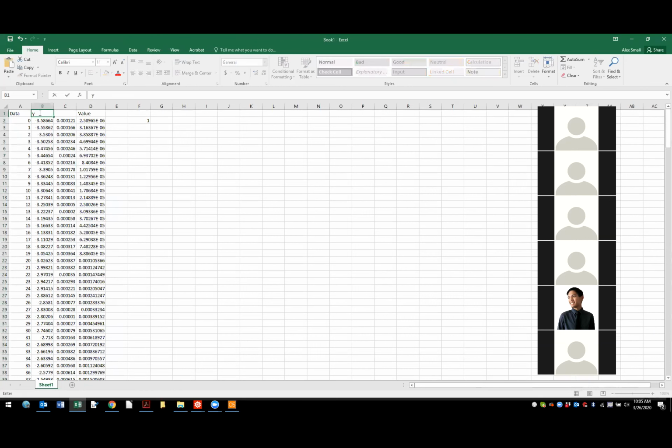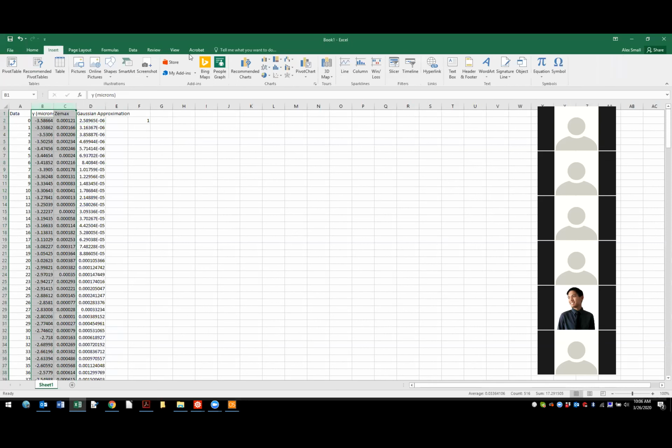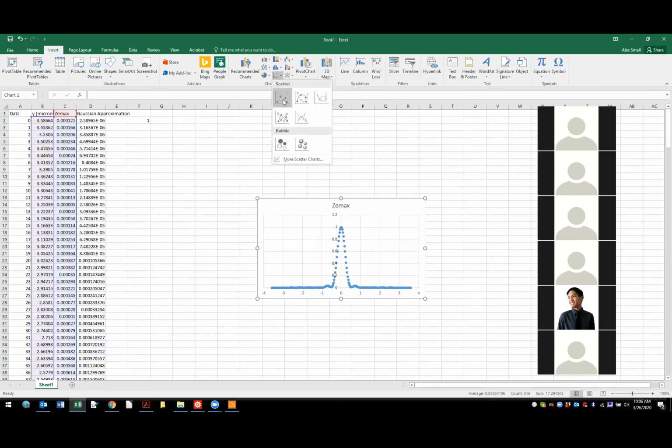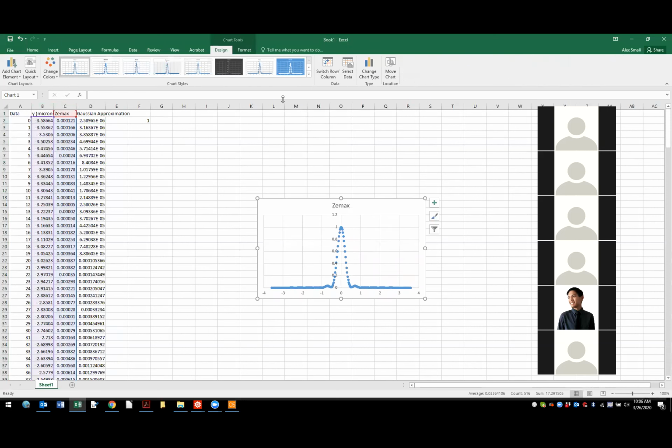Some labeling: Y, microns, Zemax, Gaussian approximation. All right, now in order to compare these things, we're going to first plot what Zemax gave us. So we just do insert, XY scatter plot. Then we select data.